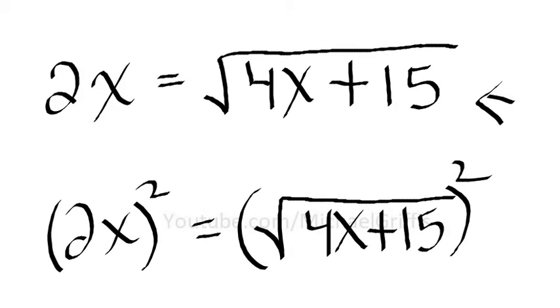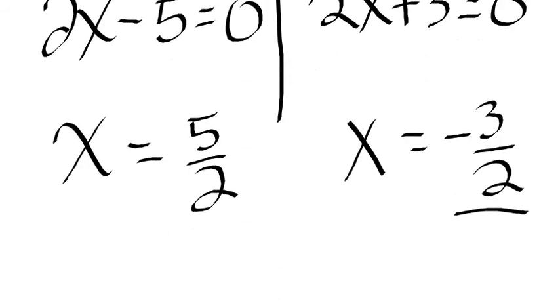And if we plugged that negative 3 halves into here, that's going to be a negative number. 2 times negative 3 halves is negative 3. And so that can't be a solution.